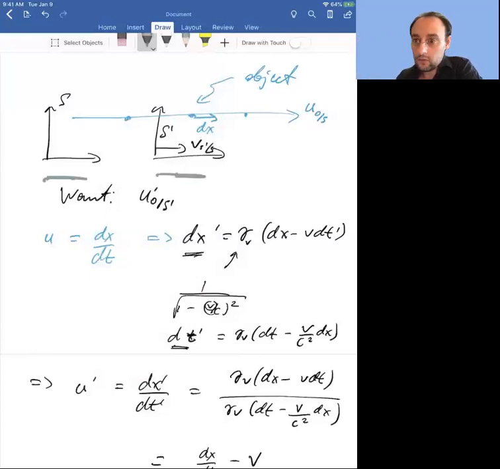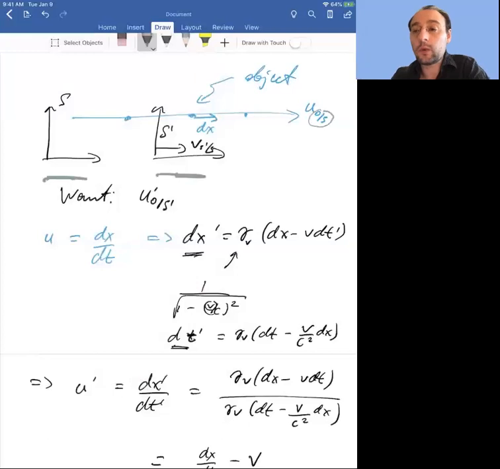In any case, you have two coordinate systems and an object, and you're observing that object moving with respect to each of the coordinate systems. Let's say the velocity of the object relative to frame S is u. So today I'm going to use this kind of subscripts to make it clear what is the velocity relative to.